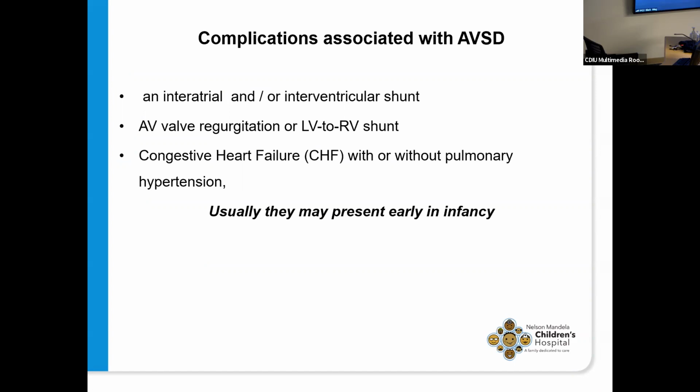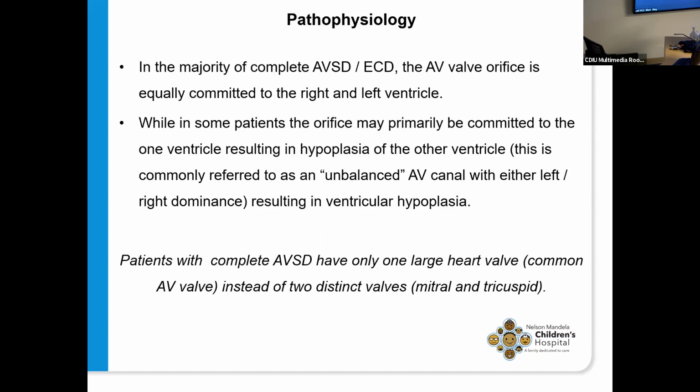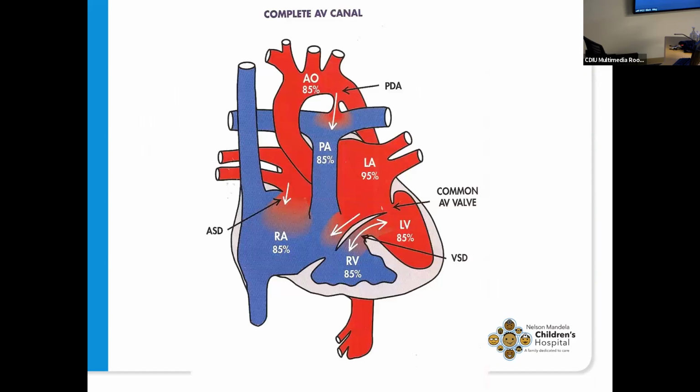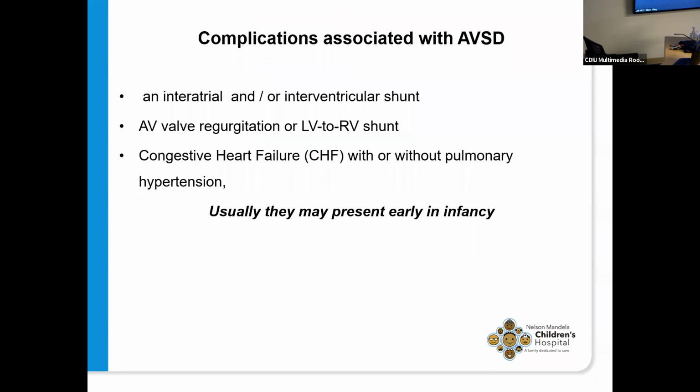And complications that are associated with atrioventricular septal defect include an inlet and/or interatrial and/or interventricular shunt, like I have showed you on this picture, and valve regurgitation from left to right, resulting in the shunting of the blood.